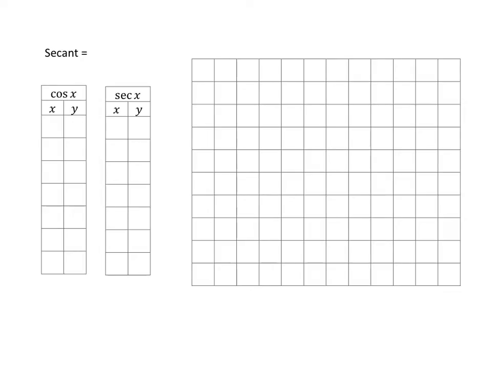Same thing over here. Secant is 1 over cosine. So if I do points for cosine, remember cosine is the bowl. At 0, I'm going to be at 1. Pi over 4, radical 2 over 2.